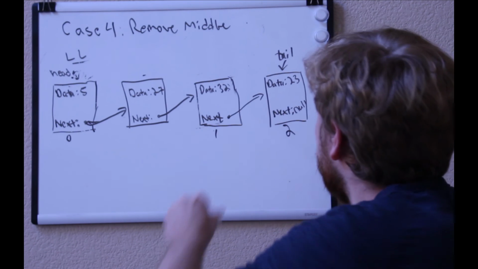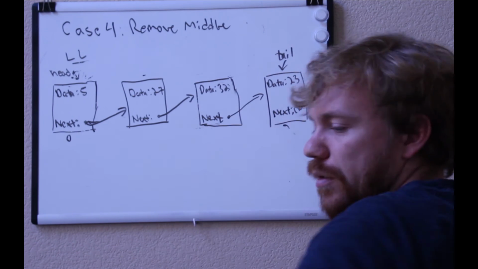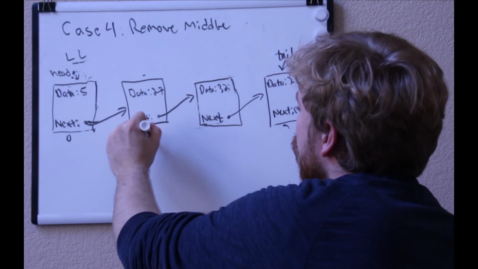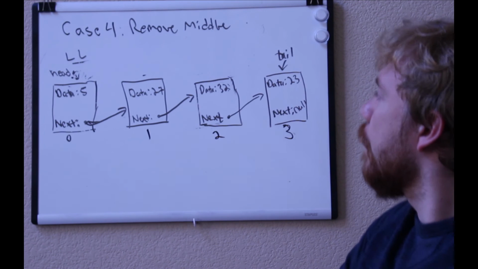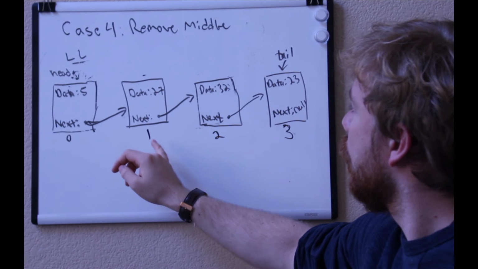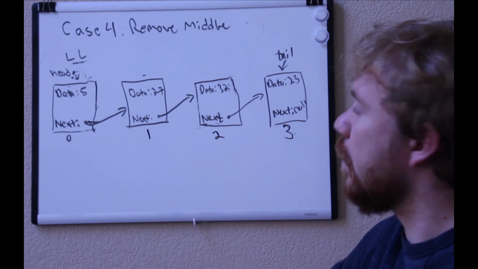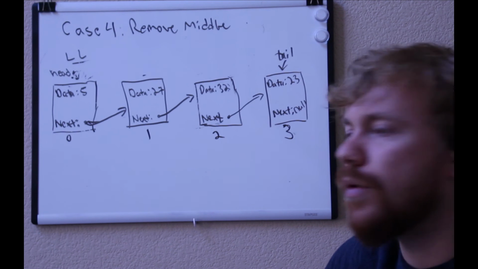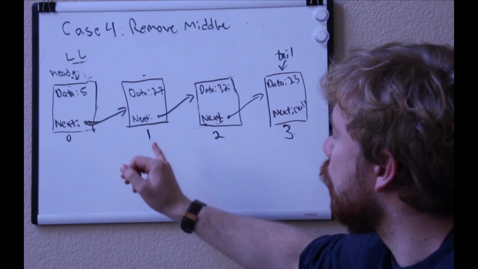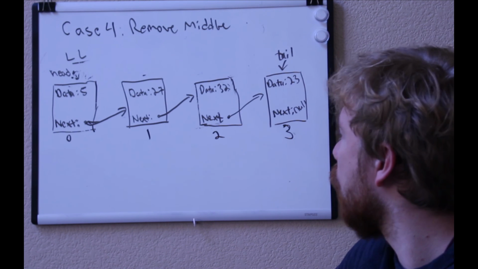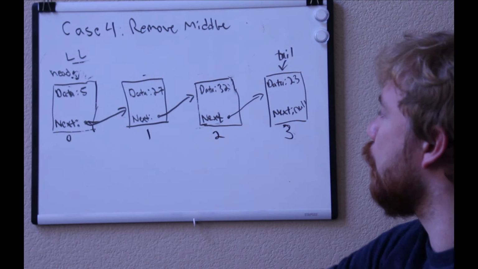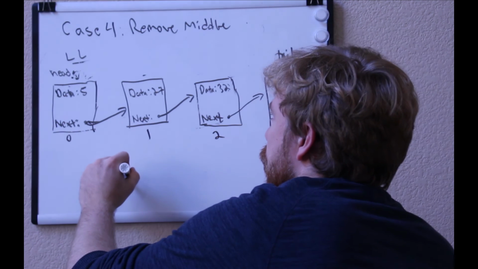So, I should update the indices here: 1, 2, 3. So let's say we want to remove at index 1. Or I'm sorry, let's say we remove at index 2.